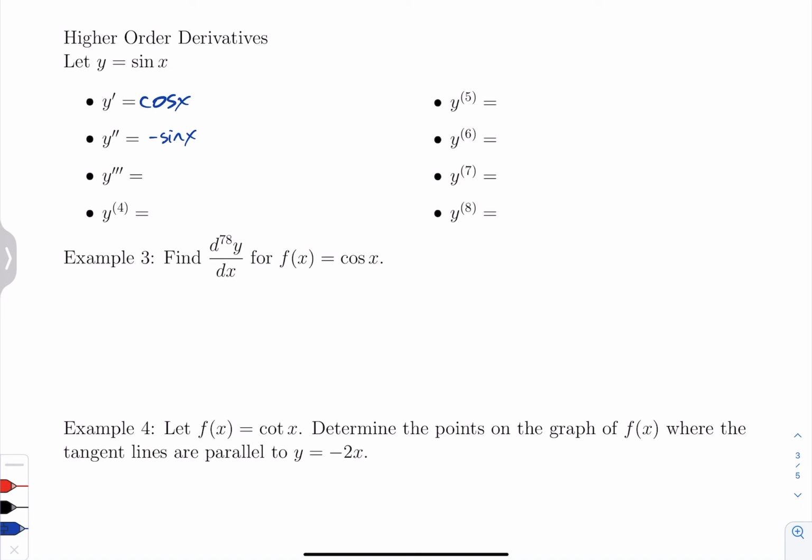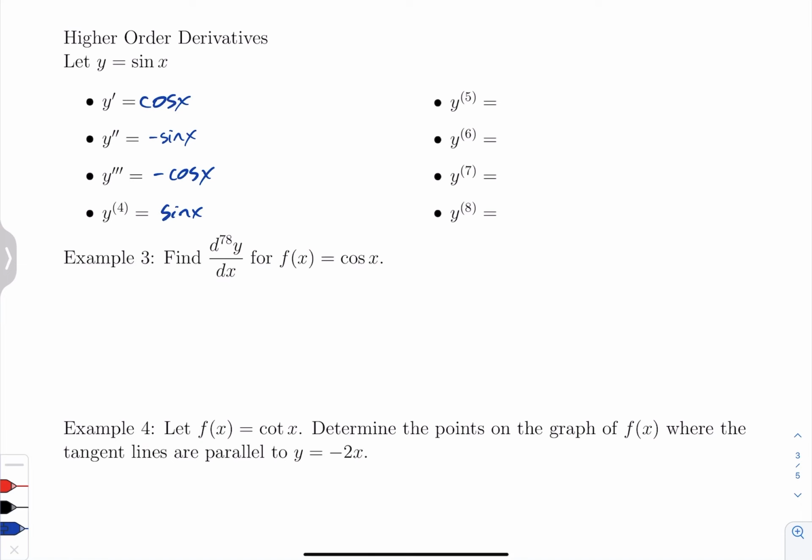Then the derivative of negative sine of x, well, the derivative of sine of x is cosine of x, but if I want the derivative of negative sine of x, that's negative cosine of x. And then next, the fourth derivative is just the derivative of negative cosine of x. Well, the derivative of cosine is negative sine, so the derivative of negative cosine is positive sine.